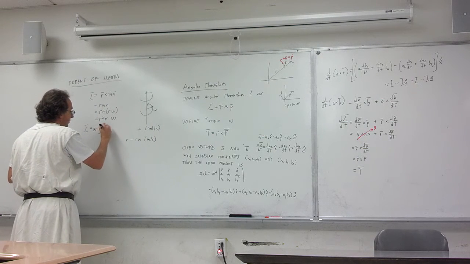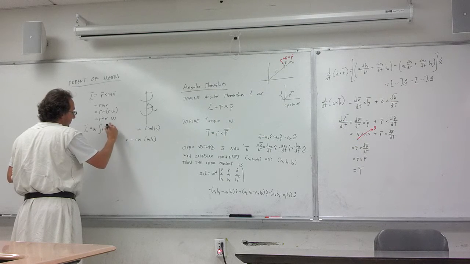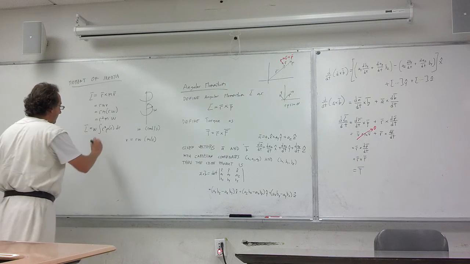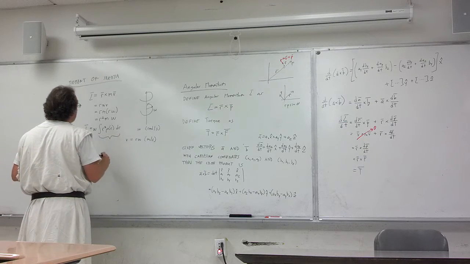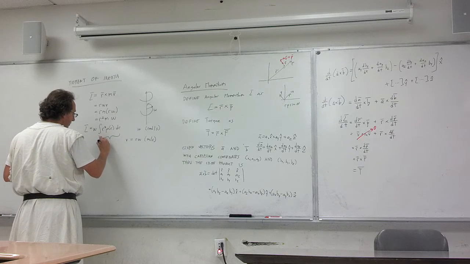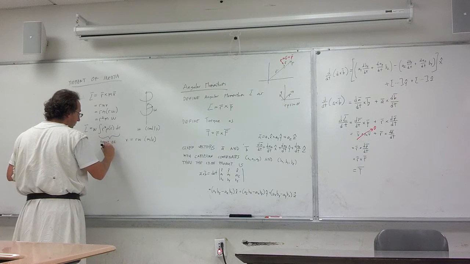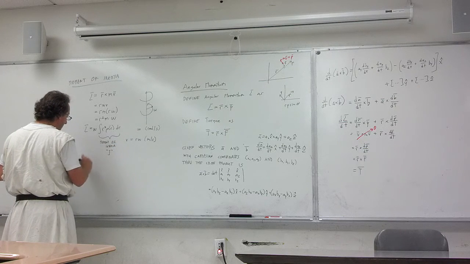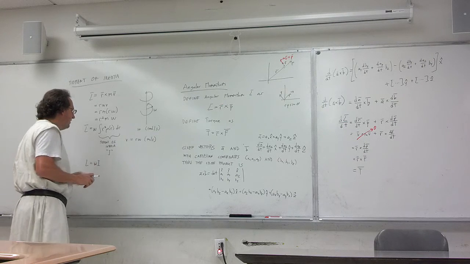I get an integral of r squared rho of r dr. And this quantity here is the moment of inertia, I.